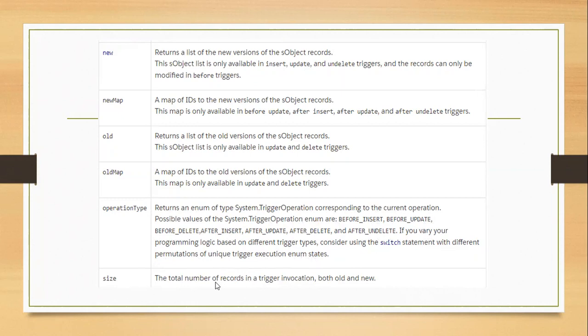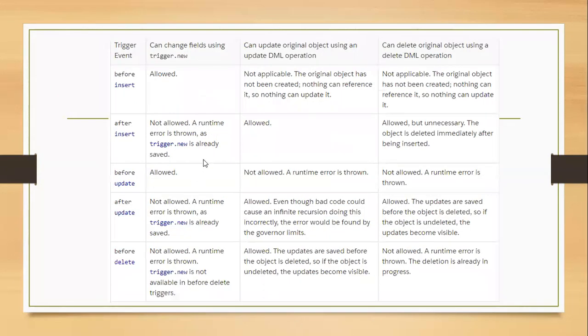Trigger.size is the total number of records in a trigger invocation, both old and new. In a trigger event, you can change the fields in Trigger.new. We can update the original object using the update DML operation, or delete the original object using the delete DML operation.